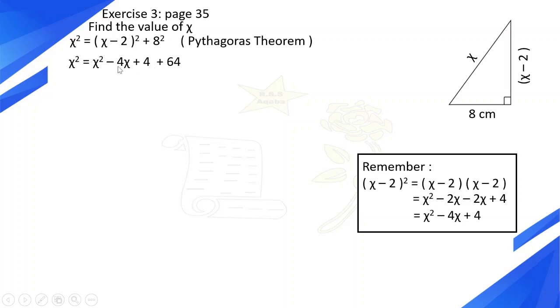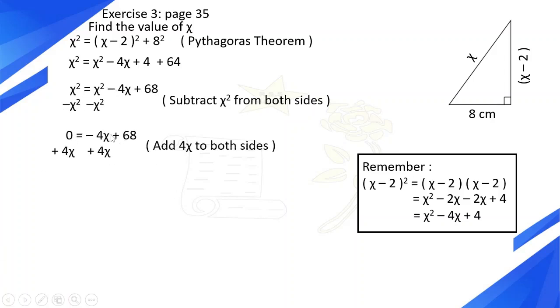Now we have to add 4 to 64. We will get 68. Now subtract x squared from both sides, and you will get, of course, 0 equals minus 4x plus 68.